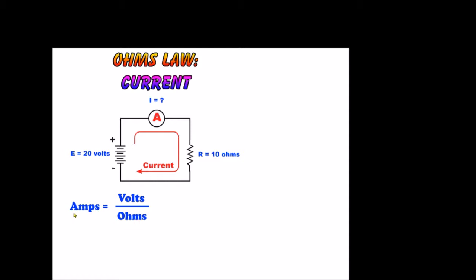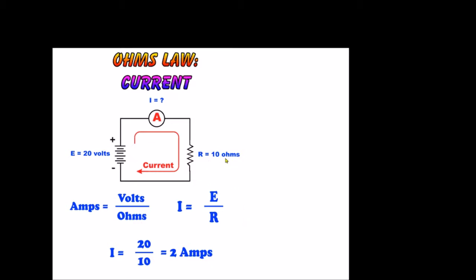So let's take a look. Here's our Ohm's law formula for current. Amps equals volts over ohms. Let's put it in. Here we have intensity, E over R. We put in our figures, 20 volts divided by our resistance, which is 10 ohms. And now we're going to get 2 amps of current flowing through the circuit.